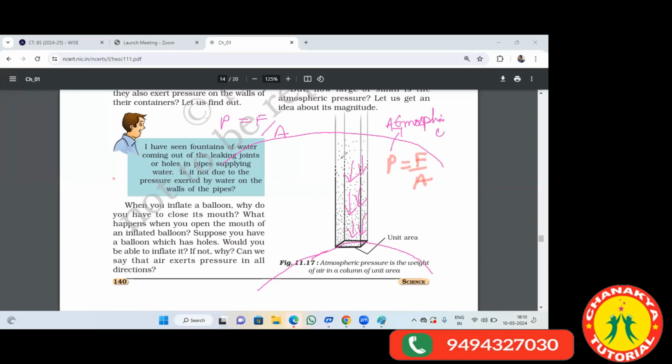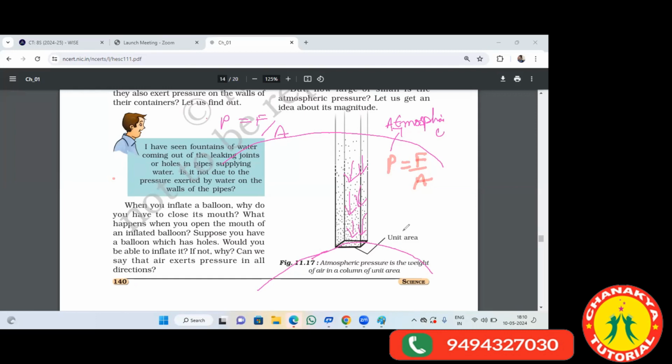You can see we have taken here a column, and we have assumed air to be filled in this column. So we can assume it to be similar to that water bottle in which water was filled, which exerts a pressure on the bottom. Here, this is the atmospheric pressure.